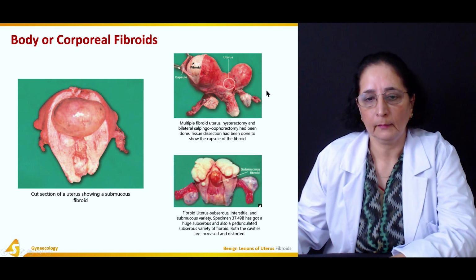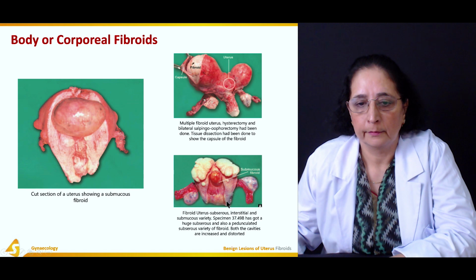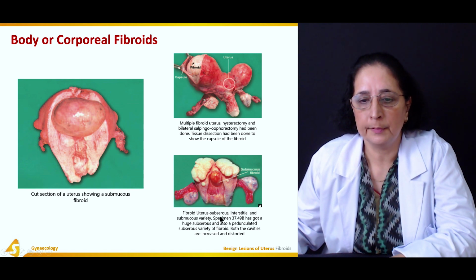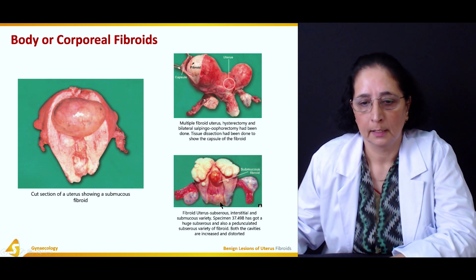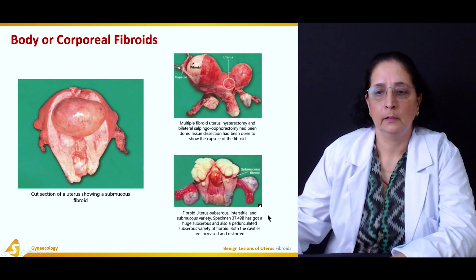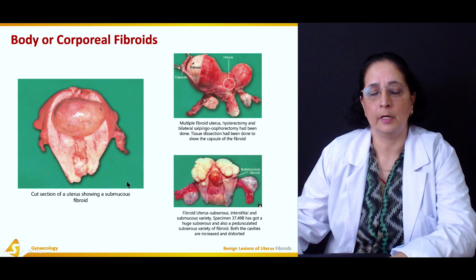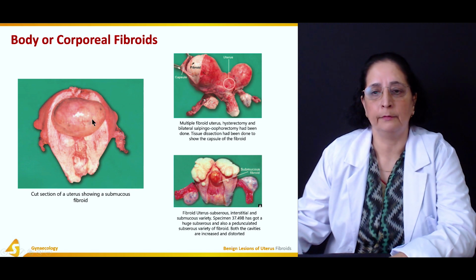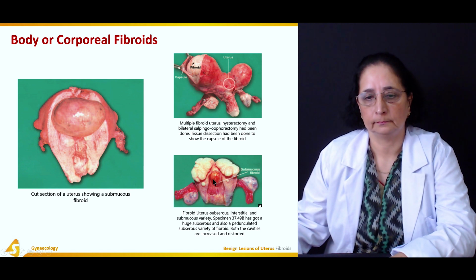Again, you can see there is submucous fibroid here, fibroid uterus, subserous, interstitial, submucous variety. All different fibroids are present. So all these are the pictures showing you the fibroids of the uterus. That's how the fibroid looks after they are removed.